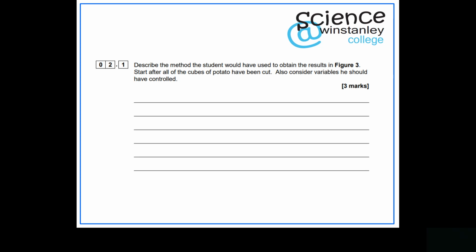Another one to think about is these cubes of potato have been in sugar solution, and solution adds mass. So how can you make sure that the cubes don't have extra sugar solution on the surface and therefore increasing the mass of the cube? How can you make sure that the time intervals are the same in each one?